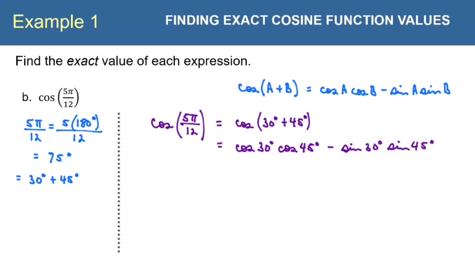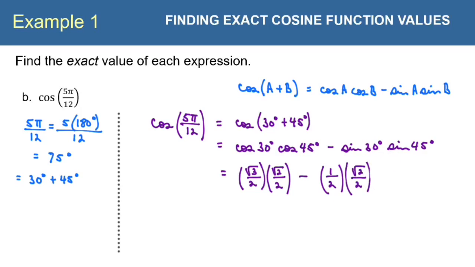So we know that the cosine of 30 degrees is square root of 3 over 2, times the cosine of 45 degrees, which is square root of 2 over 2. Then we have a minus sign, and then the sine of 30 degrees is 1/2, and the sine of 45 degrees is square root of 2 over 2.